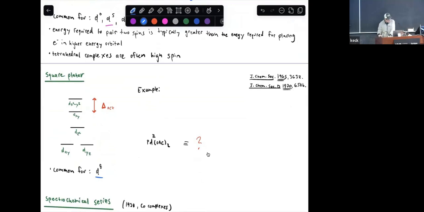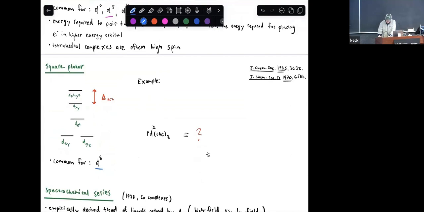So let's consider now square planar. If you think about square planar geometry, there's an intimate relationship between square planar and octahedral geometries, namely that the two ligands that lie on the z-axis are absent. And so the orbitals that are most principally involved with interacting with those ligands, their energies change most dramatically.